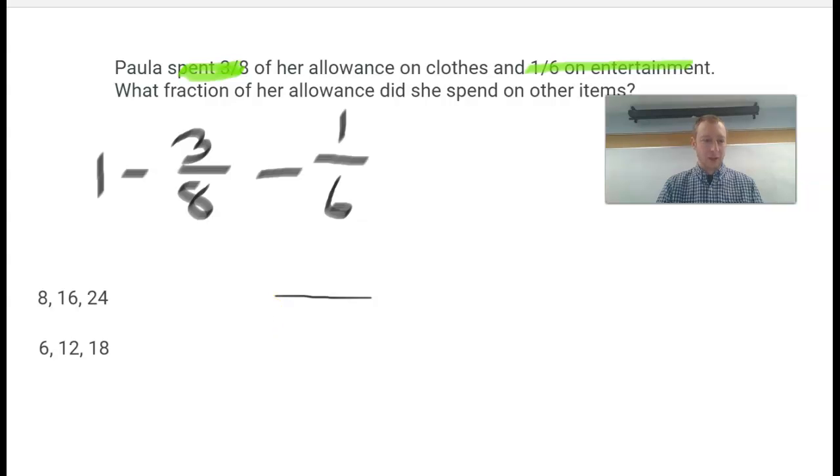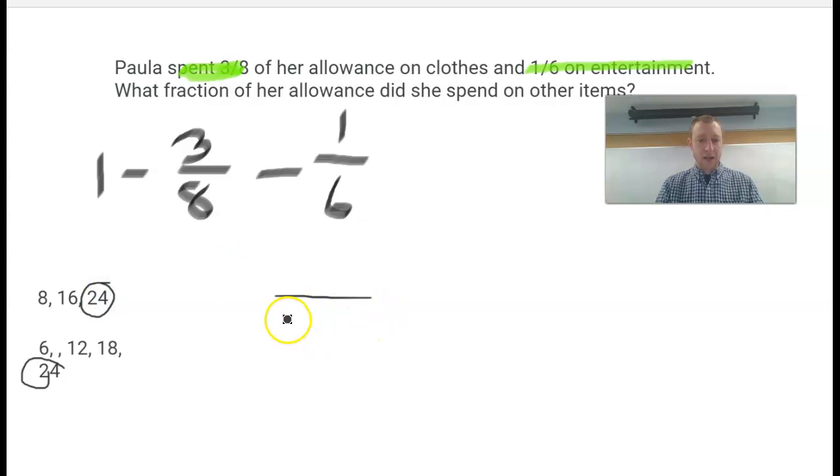Oh, wait, it's not 18. What am I talking about? I've got to keep going. 6, 12, 18, 24. Oops, sorry. So actually, my common denominator is going to be 24, right?